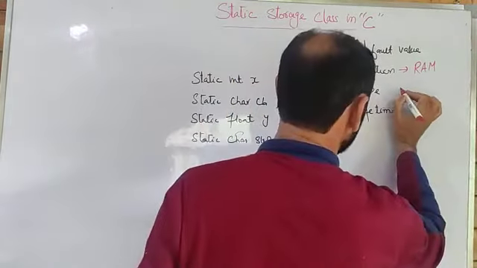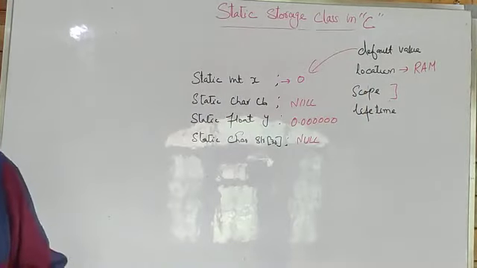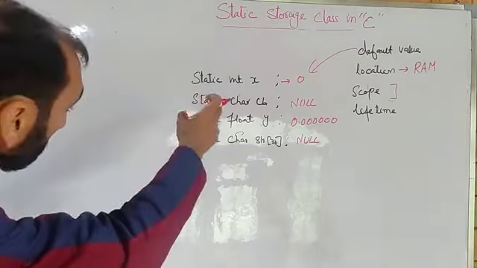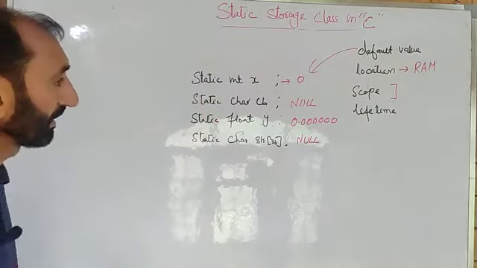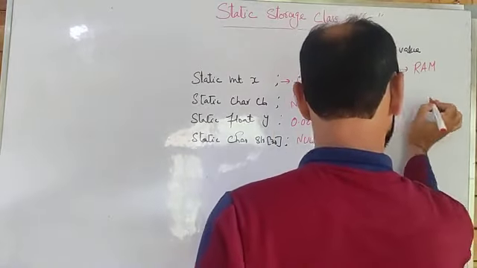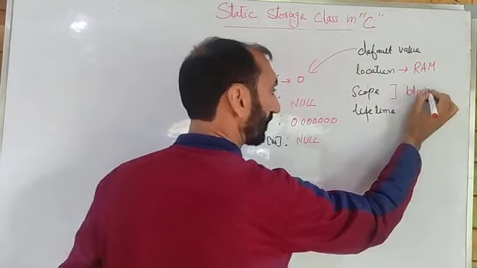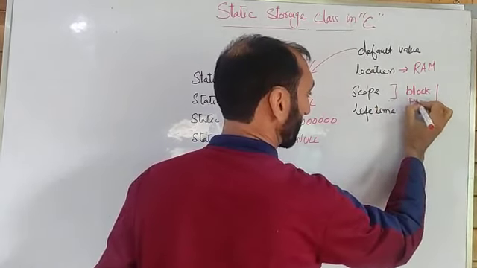What is the scope of this variable? The scope of the variable whose storage class is static is block scope. Take care. Block or function or method scope.